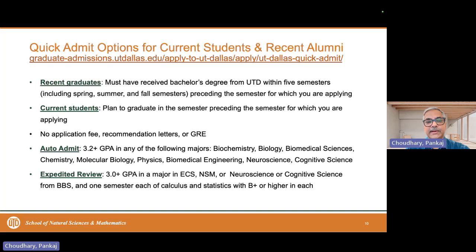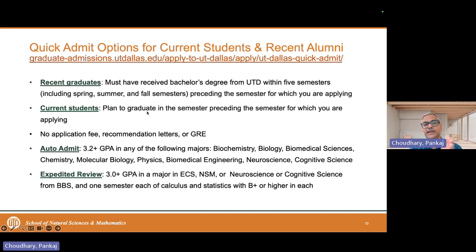And then if you are either a current student or a recent alum, we also have quick admit options for you. You don't have to go through the regular admission process. This is like a quick path towards admission. It is open for both recent graduates and current students. For recent graduates, the eligibility criteria include that you must have received a bachelor's degree from UTD within 5 semesters before you start in the program.